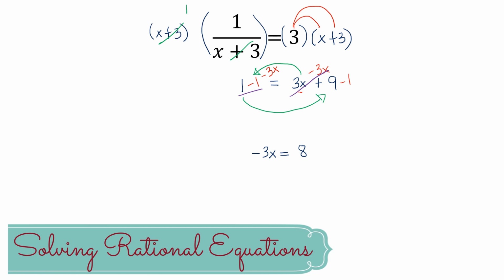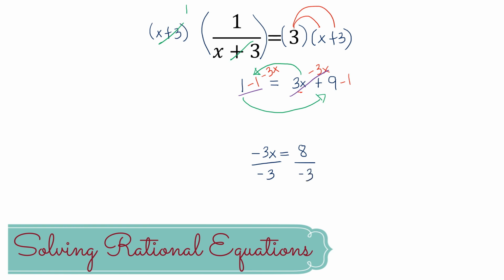By multiplication property of equality, that negative 3 can become 1 because when you multiply negative 1/3 to both sides of the equation, this negative 3 will become positive 1. Or the shortcut is to simply divide both sides by the existing numerical coefficient of x, which in this case is negative 3.